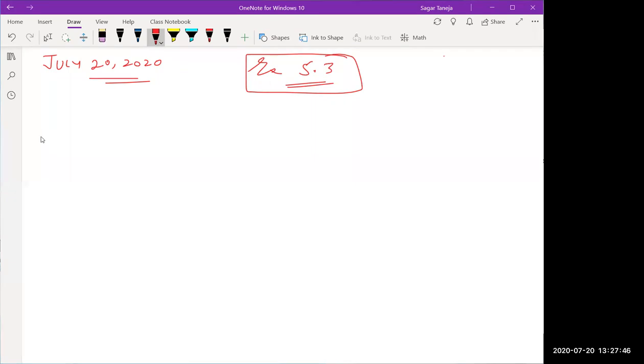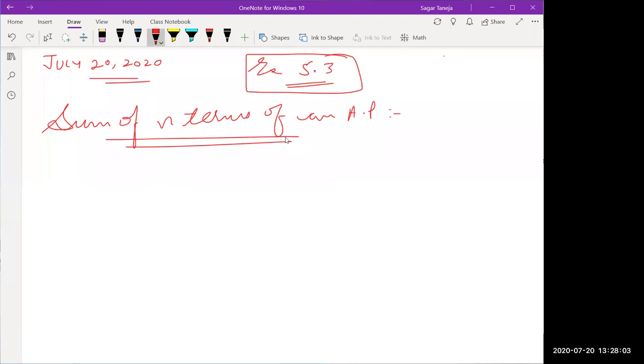The heading which we can give for this exercise is sum of n terms of an AP. One formula that I need to tell you regarding how to calculate the sum of all the terms of the AP. Suppose in an AP all the terms are written.